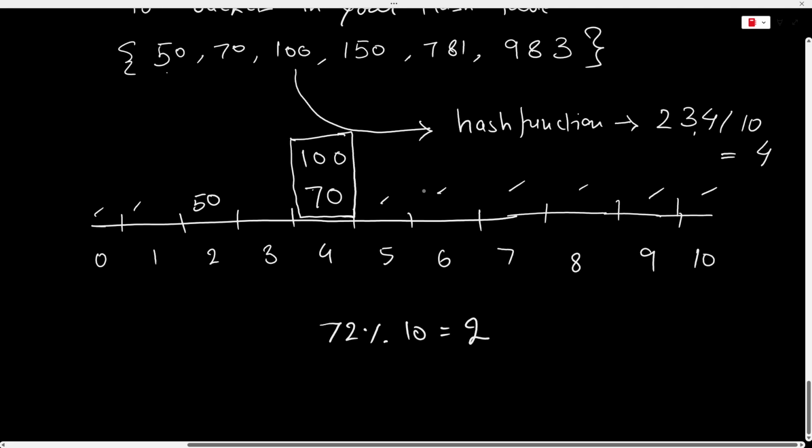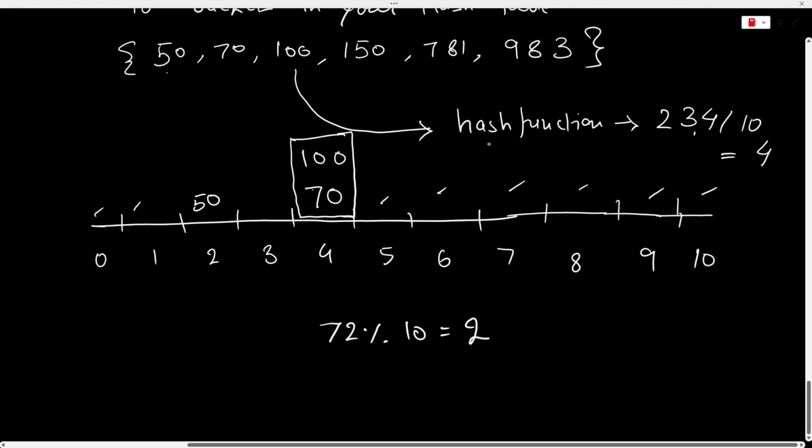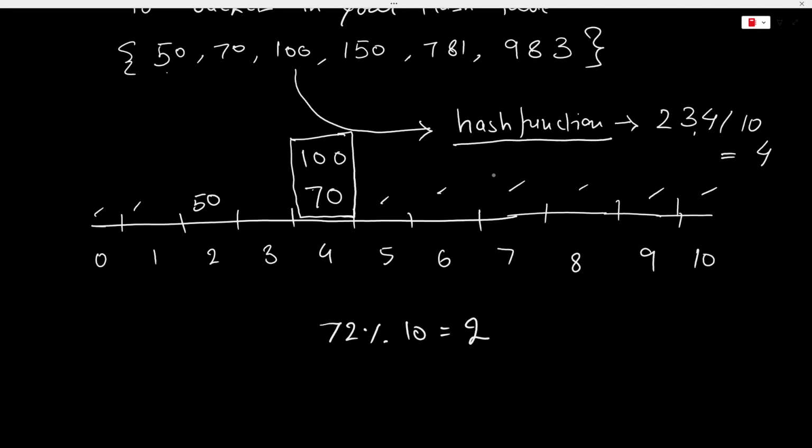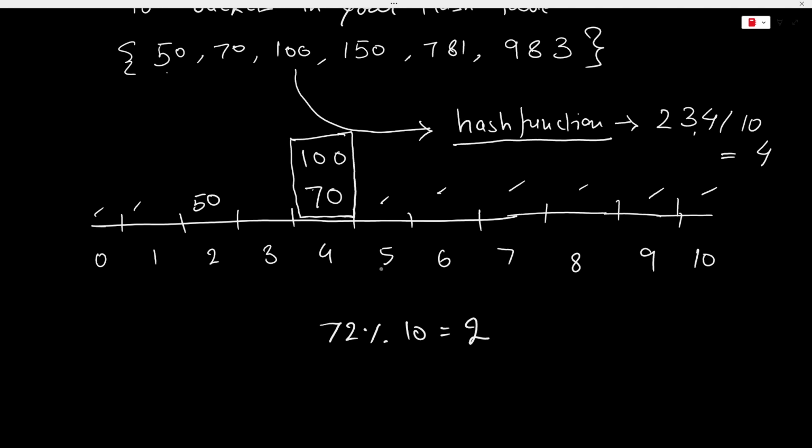We could put it anywhere. And that's true. And we define our hash function keeping this particular thing in mind, that in the end, different keys should not accumulate at a single bucket.